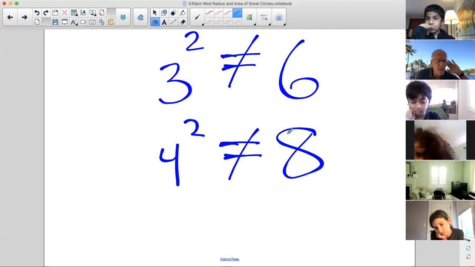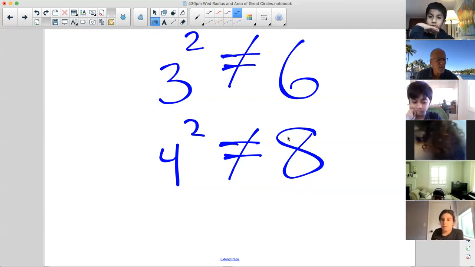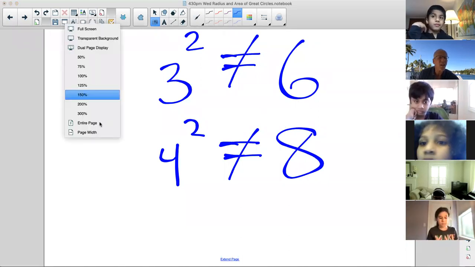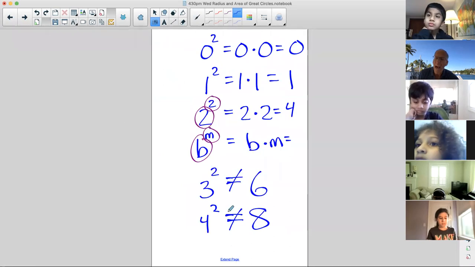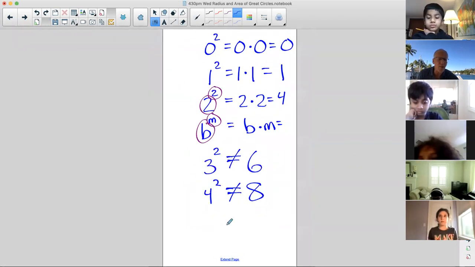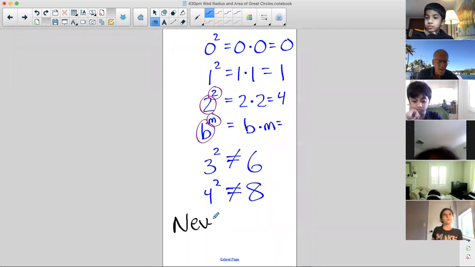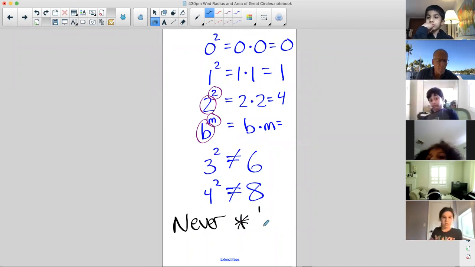Go ahead, Alexander. Because they think when they see that symbol, the number one thing that comes to mind is 4 times 2. Right. And that's why they say 8. So what I want you guys to learn right now is never, ever multiply the base number by the exponent.